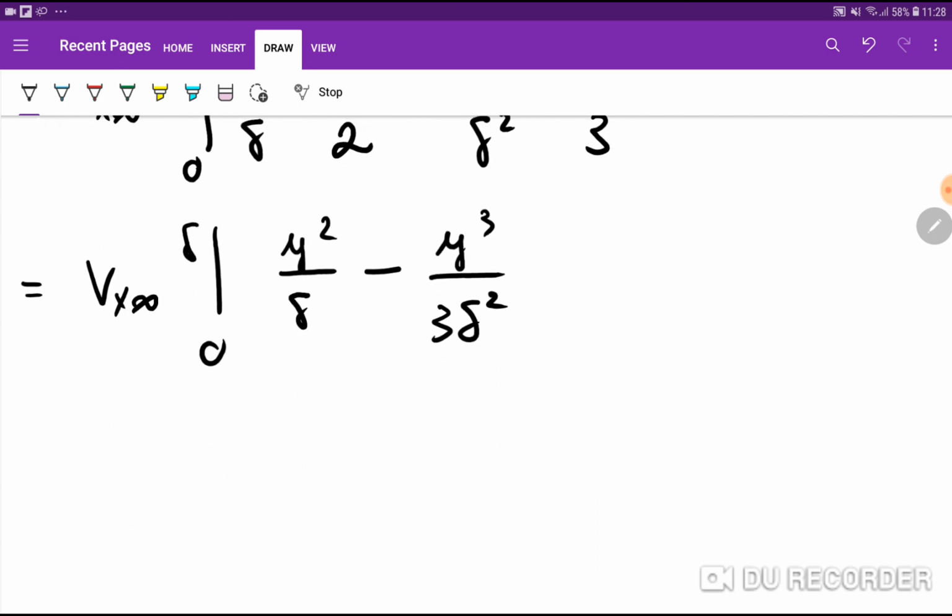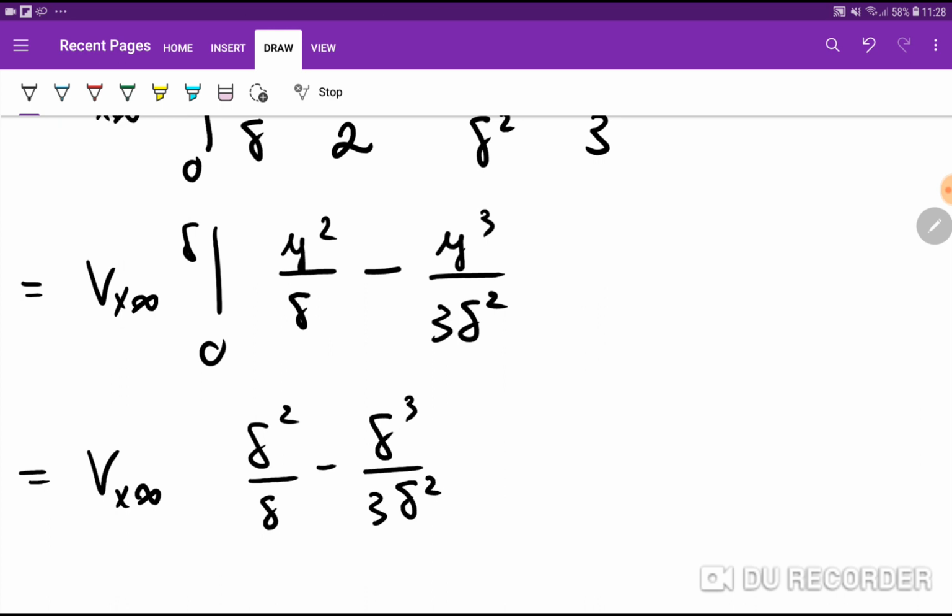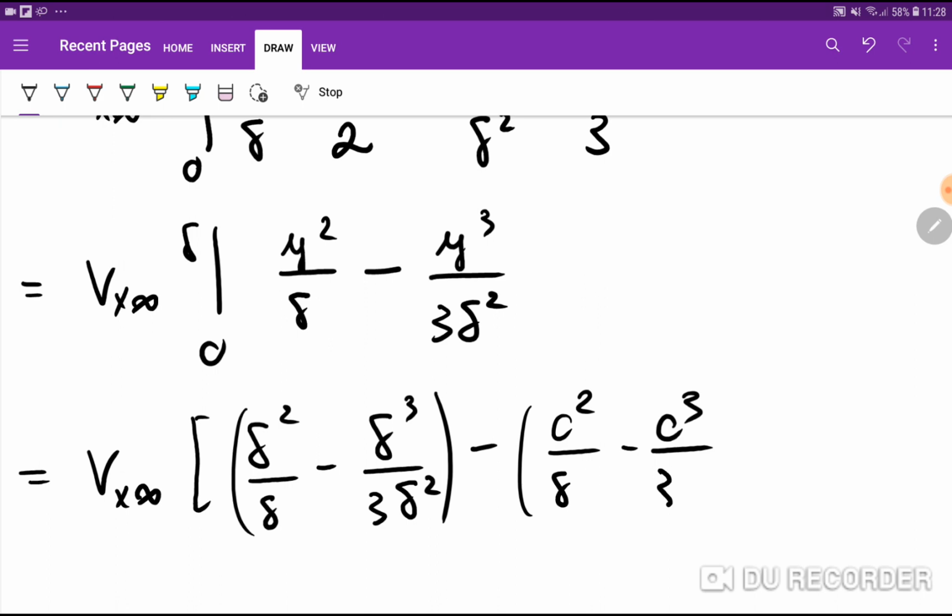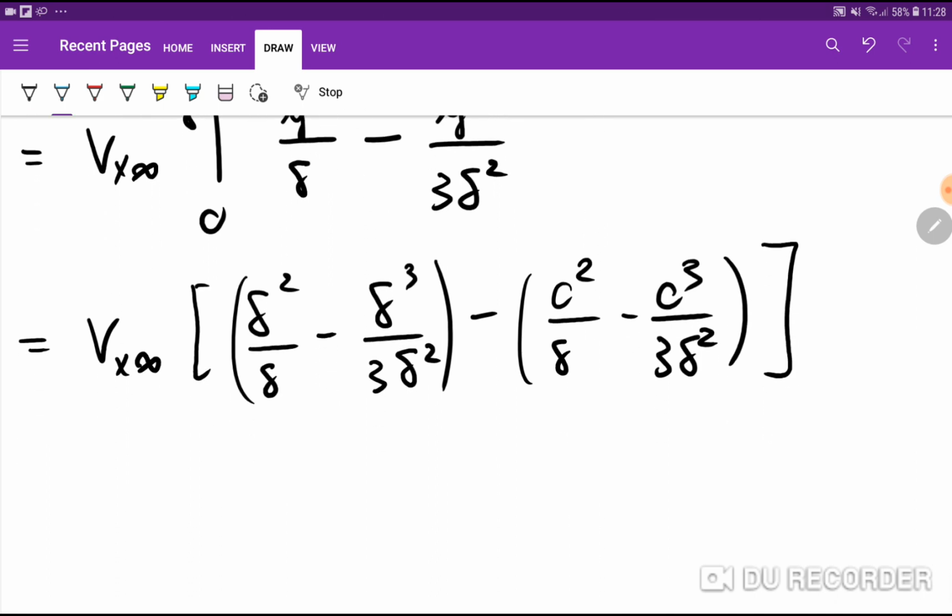Now I can substitute in the limits. It equals Vx infinity times delta squared over delta minus delta cubed over 3 delta squared, minus 0 squared over delta minus 0 cubed over 3 delta squared. All of this becomes 0.